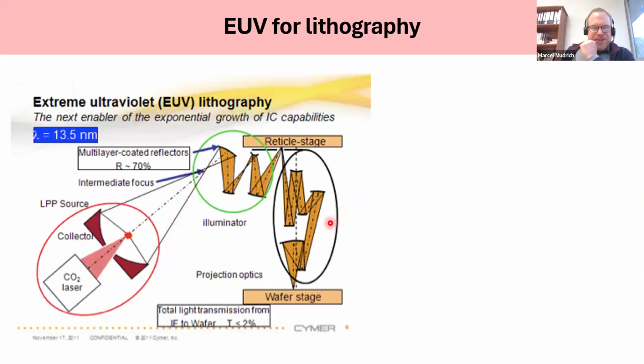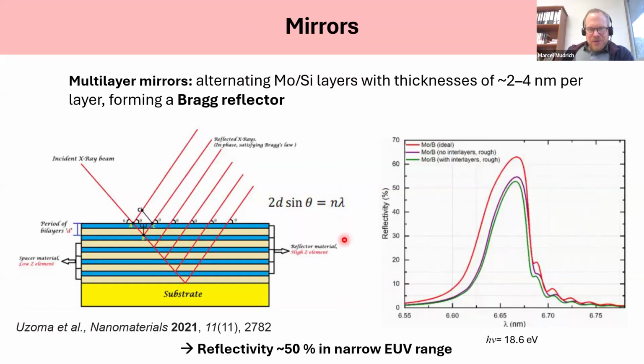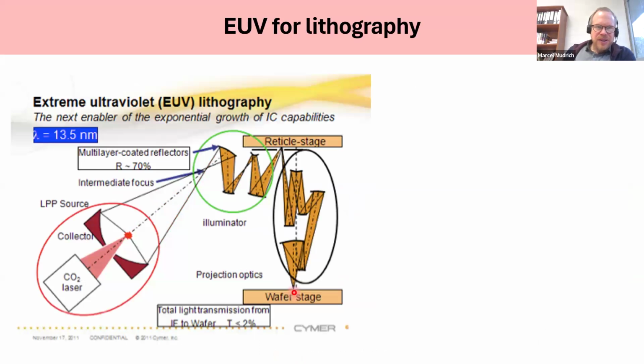Just to mention that nevertheless, although the reflectivity is rather low, these types of mirrors are extremely important in technology. And one of the most important technologies nowadays, of all technologies, I would say, is the technology of photolithography.